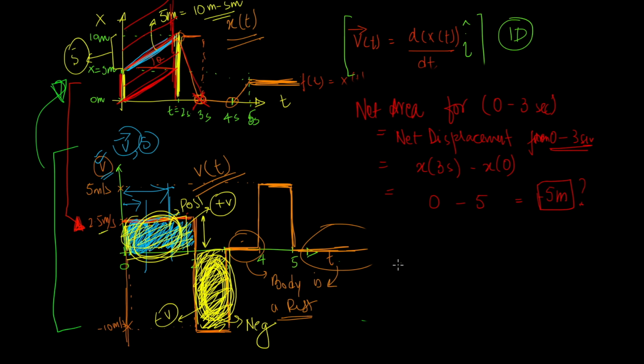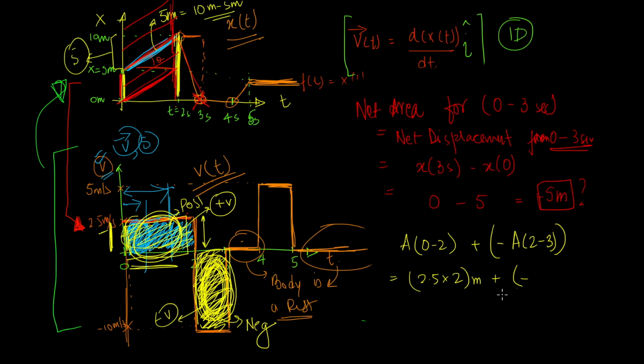So let's try to do that. So the area in the first 2 seconds, and we must add to that the negative of the area in the last 1 second, right there. So A from 0 to 2 is something that we have already evaluated. That was the net displacement in the first 2 seconds, which was 2.5 times 2 meters. Now we take the area in this block there.